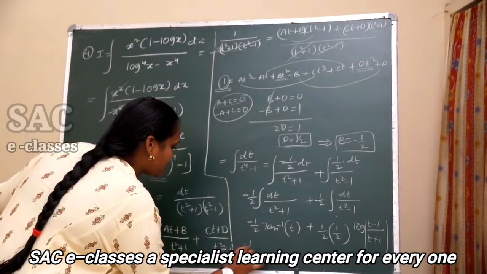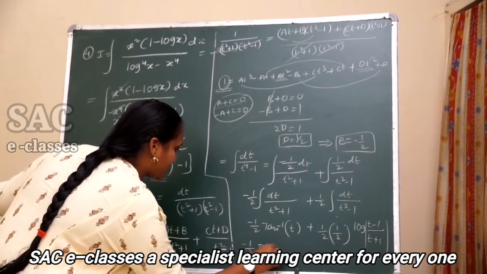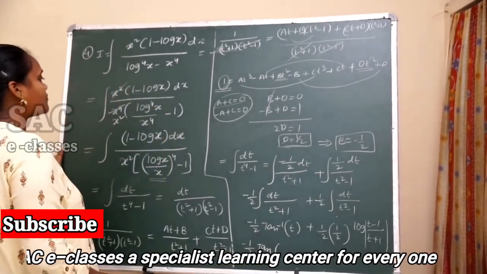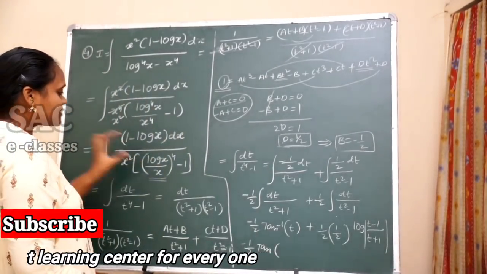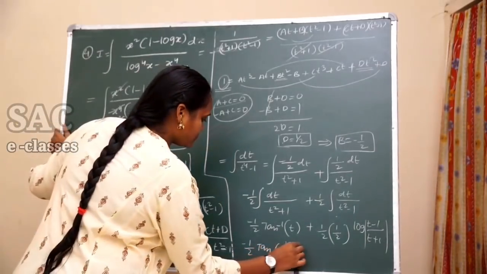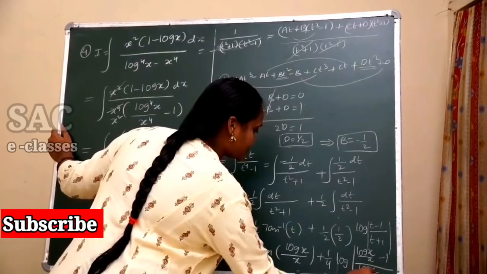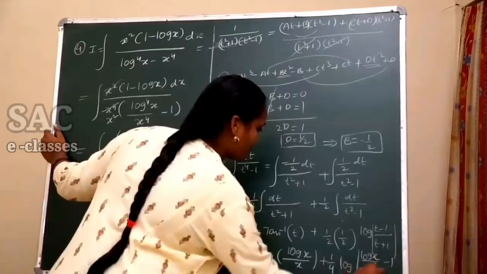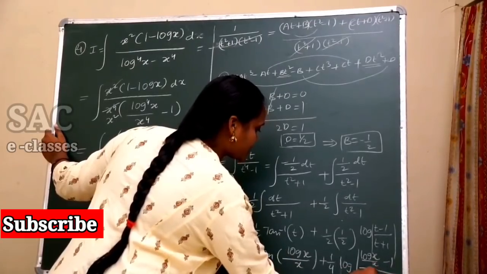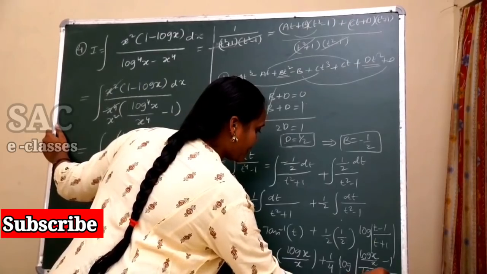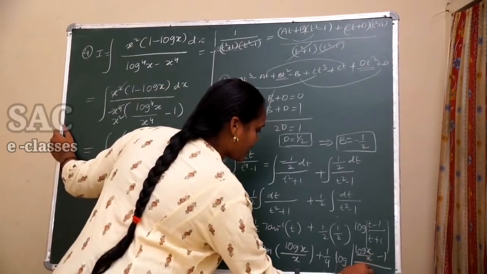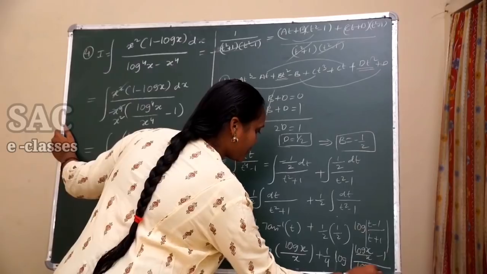Now minus 1 by 2 into tan inverse t, where actually we have assumed t as log x by x, plus 1 by 4 into log of t, means here log x by x minus 1 by log x by x plus 1.